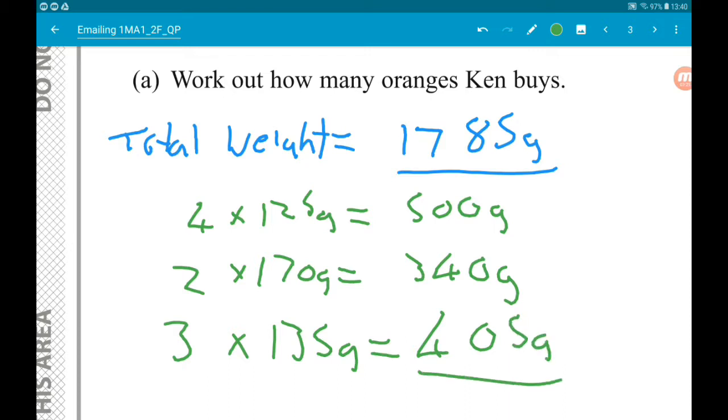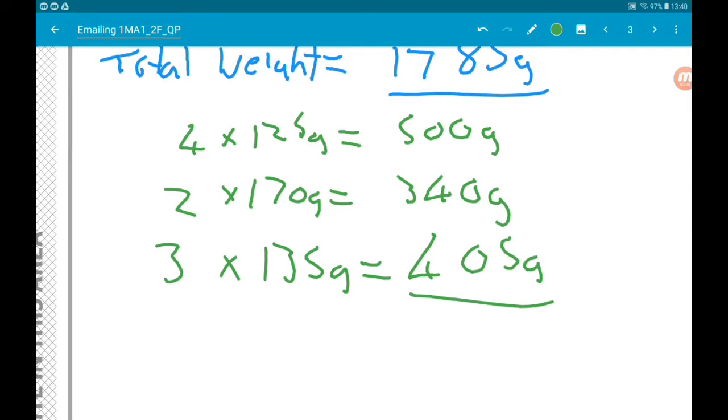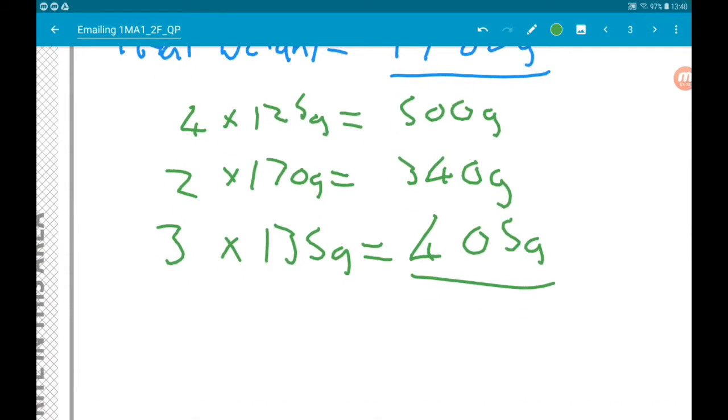Now, if we add all of that together, we are going to get 840 and 405, so that's 1,245.